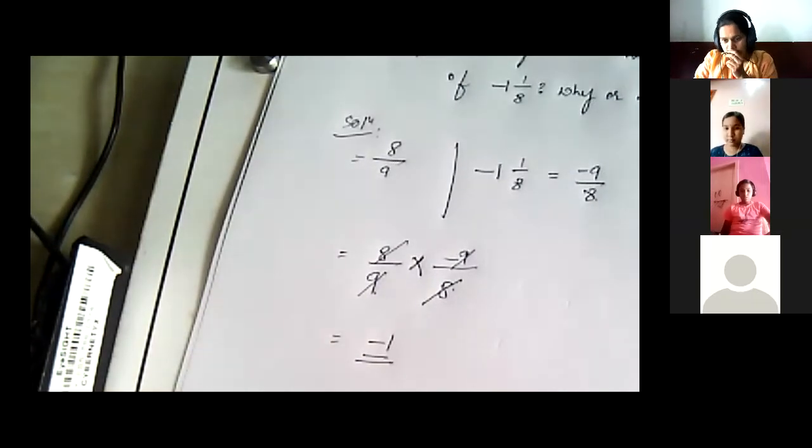Is 8 upon 9 a multiplicative inverse of minus 1 upon 8? We got minus 1. Yes or no? No, because we must get plus 1.